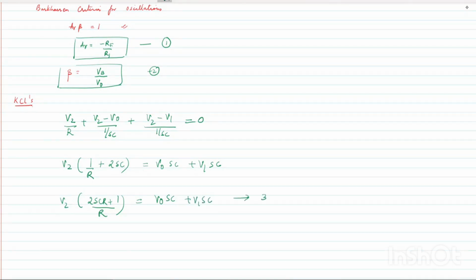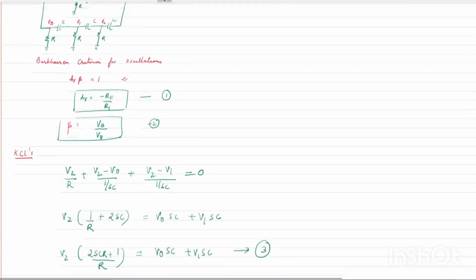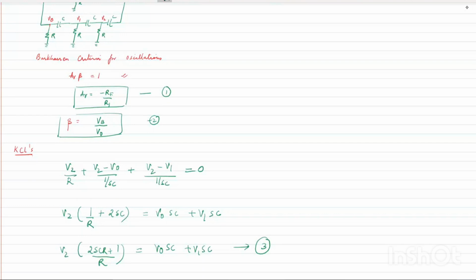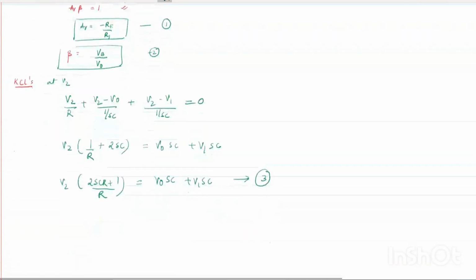Equation number 3, since 1 and 2 we have already named. Is this equation clear? I am starting from the last node, KCL at V2. The first equation I have written is V2 by R plus V2 minus V0 upon 1 by SC plus V2 minus V1 upon 1 by SC. Is that clear?